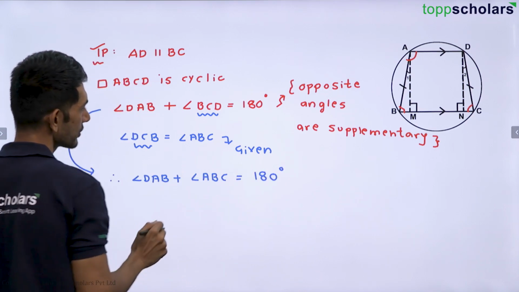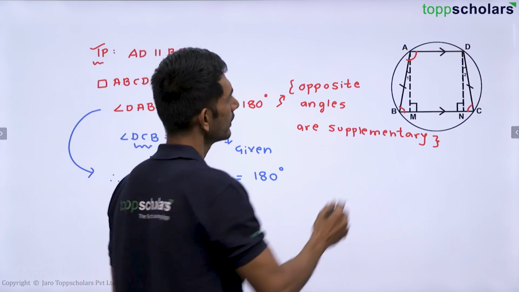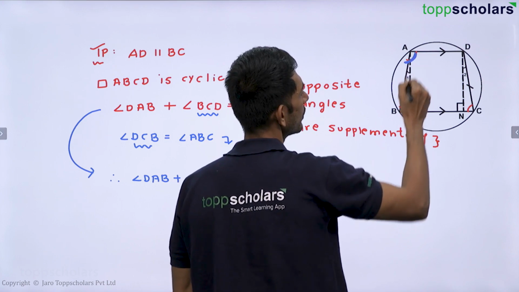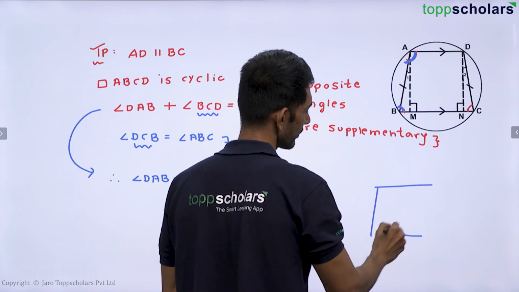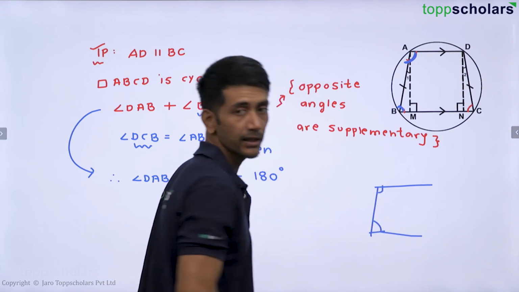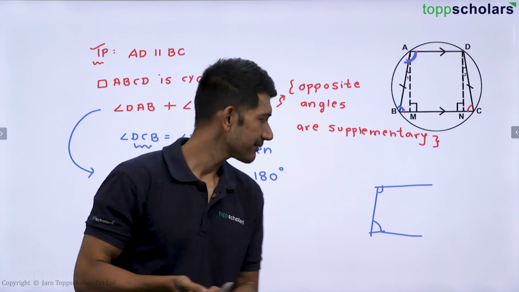We have replaced BCD with ABC. Now observe, this angle plus this angle is 180. So we have two lines, we have like this plus this is 180. We know that if co-interior angles are supplementary, the lines are parallel.